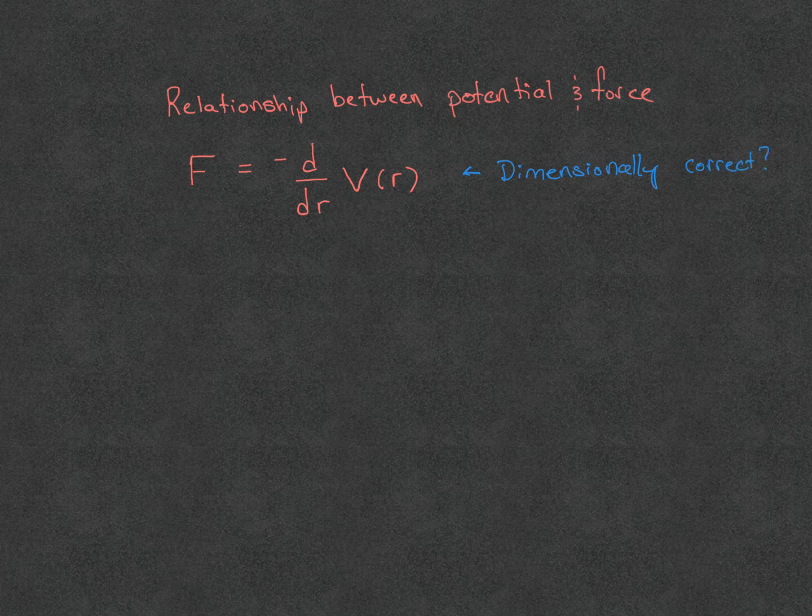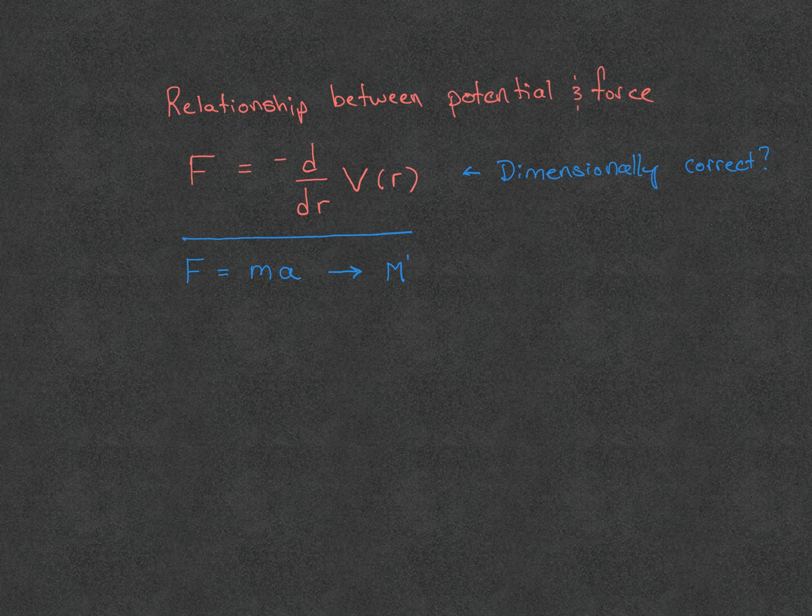Well, let's find out. First thing that I want to do is remind you of two statements that we made before. We looked at the dimensionality of force, where we said that we could take Newton's law, which is force is equal to mass times acceleration, and use that statement to figure out the dimensions of force. The dimensions of mass are mass, which we denote with capital M. So that's M to the 1 for mass.